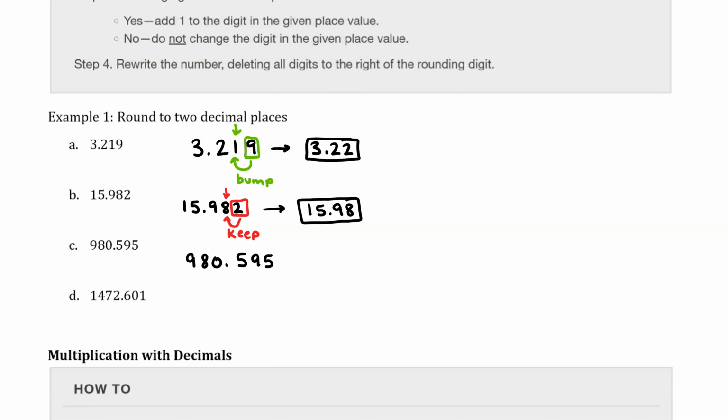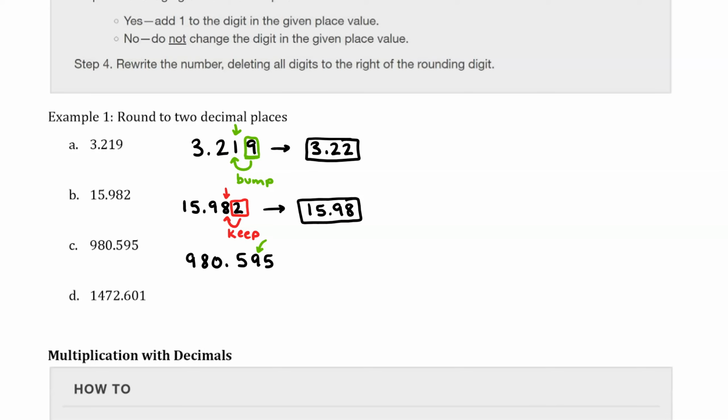980.595. So we're rounding to 2 decimal places. That's the 9. So either my answer will be 980.59 or 980. Wait, my 9, if I bump it up 1, it would go to 10, which kind of wraps around.